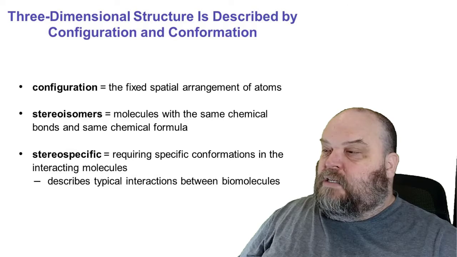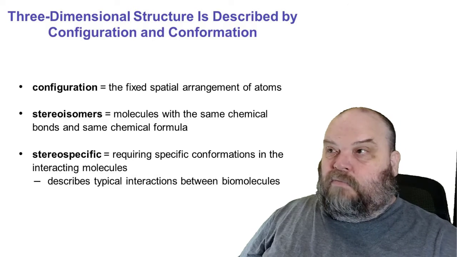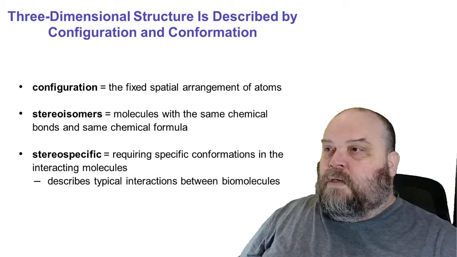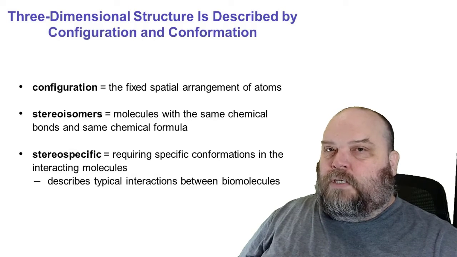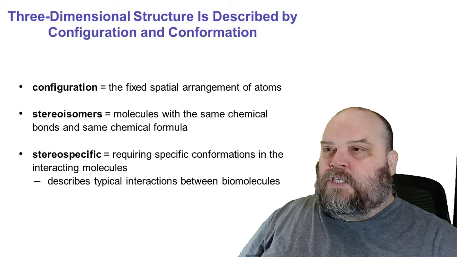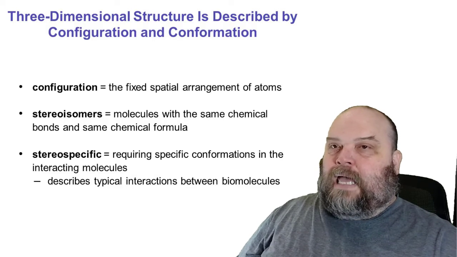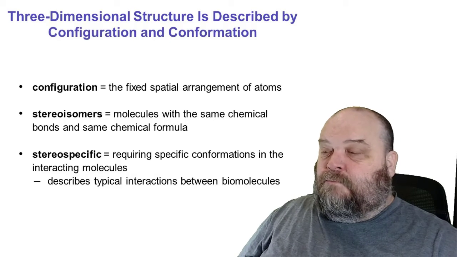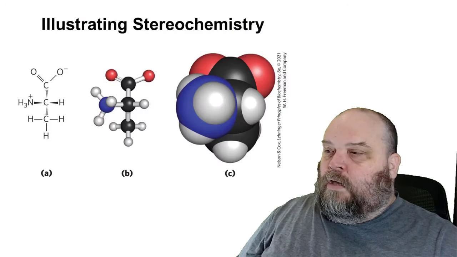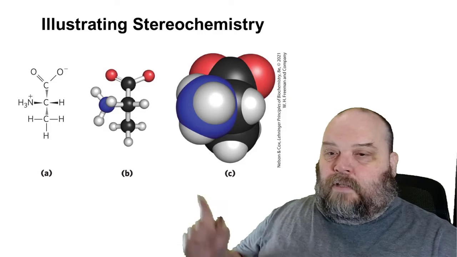So we have to take into account stereoisomers. On paper, the formula, the structure may look the same, but a slight modification of which direction something is pointing, which carbon it's attached to, will have major impacts on its overall structure, thus on its overall function. You look at A, to the far left here.